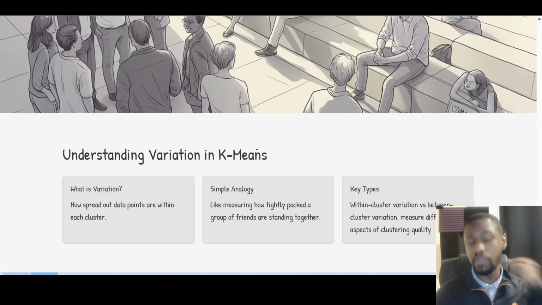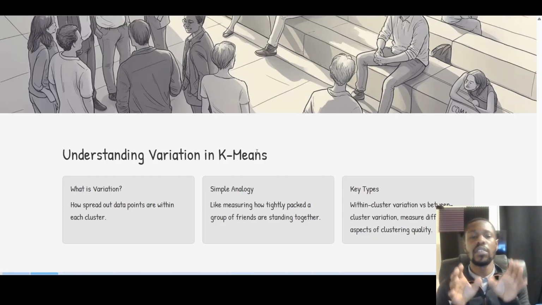So what is variation? Variation is essentially how spread out data points are within each cluster. A simple example is like measuring how tightly packed a group of friends are standing together. We have different types of variation: within cluster variation and between cluster variation, measuring different aspects of clustering quality.